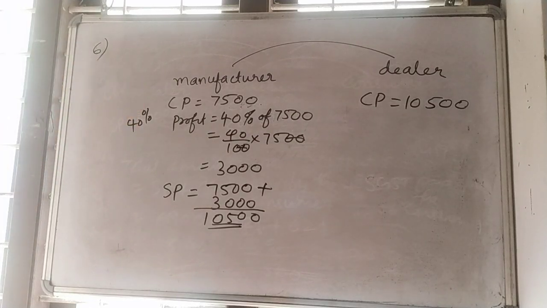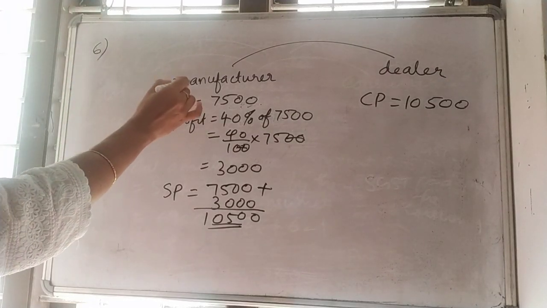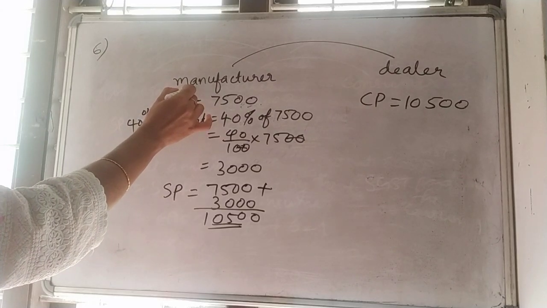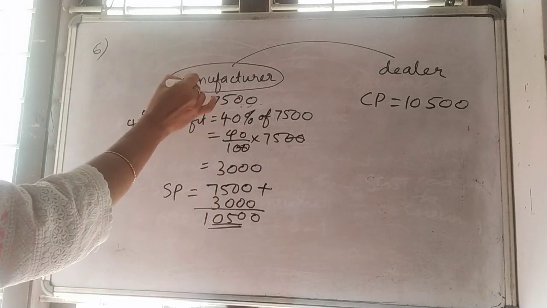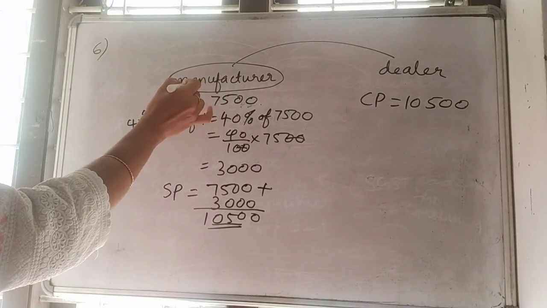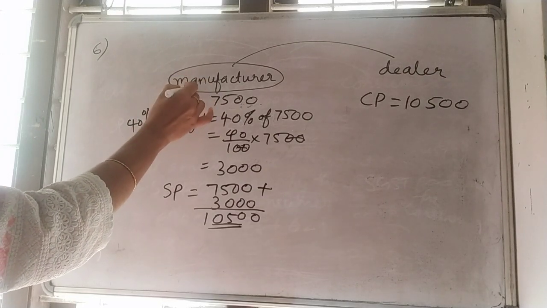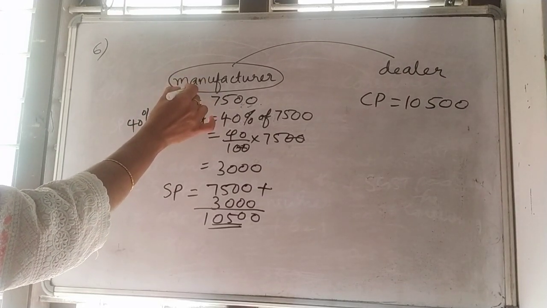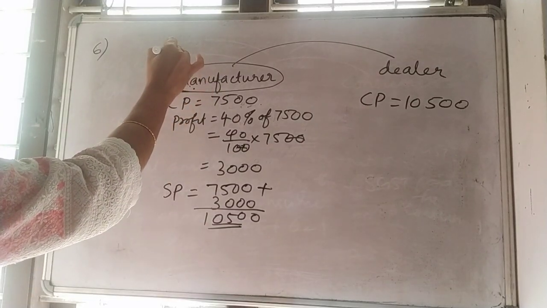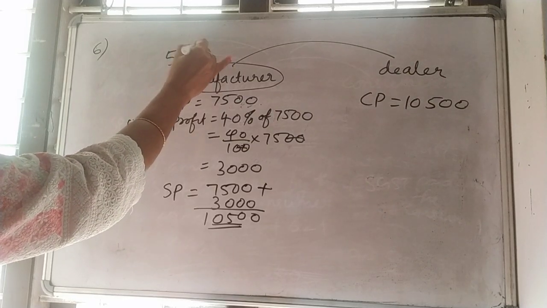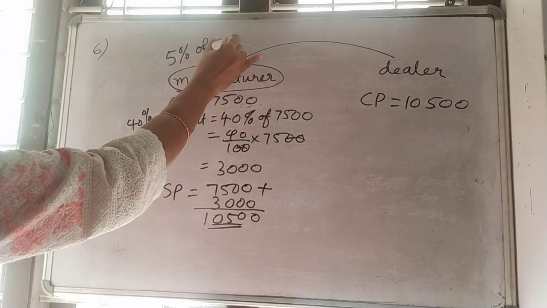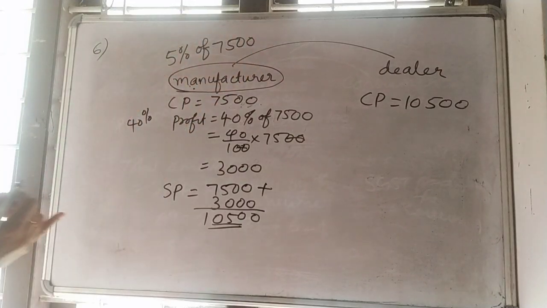Keep in mind that the manufacturer is paying a tax. Given GST is 5%, so the input tax paid by the manufacturer will be 5% of 7,500.